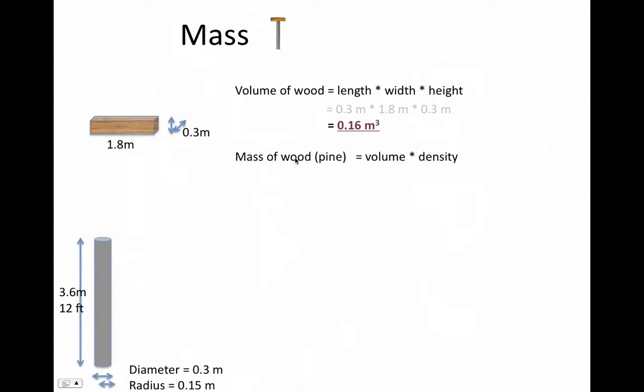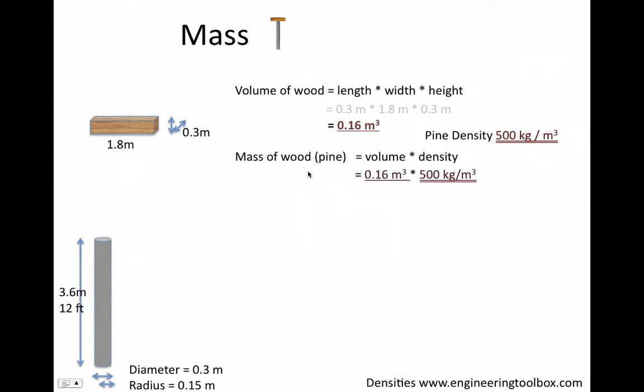Now the mass of wood is volume times density, and just looking up pine density on this website, engineeringtoolbox.com, you learn that pine's density is 500 kilograms per meters cubed. So we're just going to plug that in. We have the volume times the density, and now we know that the mass of the wood is 81 kilograms, or about 180 pounds.